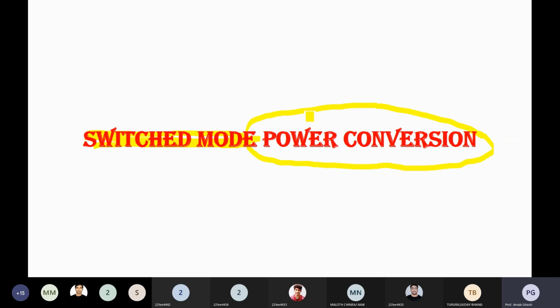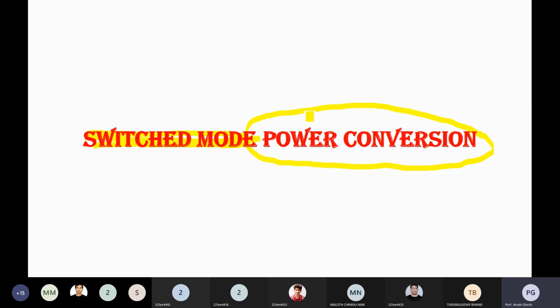Similarly, 7805 is the positive 5 volt regulator and 7905 the negative 5 volt regulator. These are all regulators for analog electronics, designed for power supply.